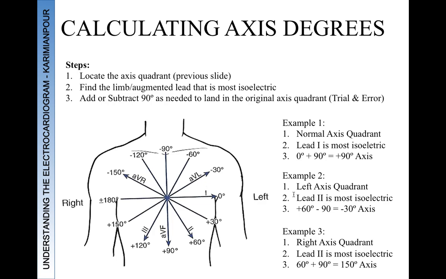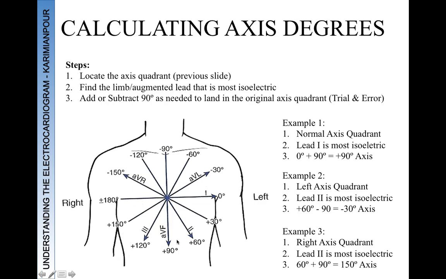Then we look at the EKG, and let's say the most isoelectric QRS is within limb lead 2. So we find limb lead 2 on our graph shown here, and we can see that it's over here at positive 60 degrees. Then we use our trial and error method by subtracting and adding 90 degrees to see if we can fall within that right axis quadrant that we determined with our 2-thumb method.